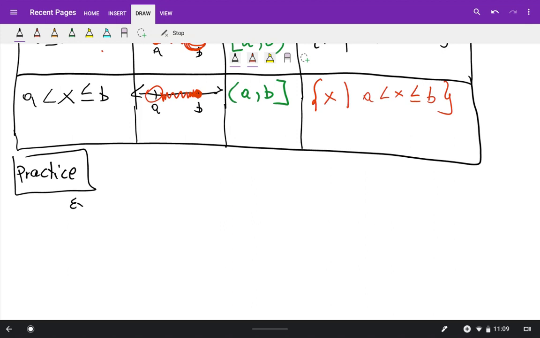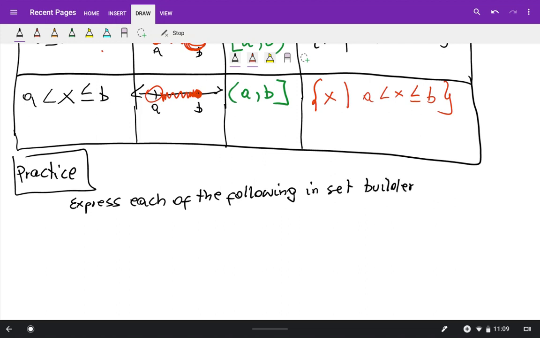Express each of the following in set builder notation and interval notation.